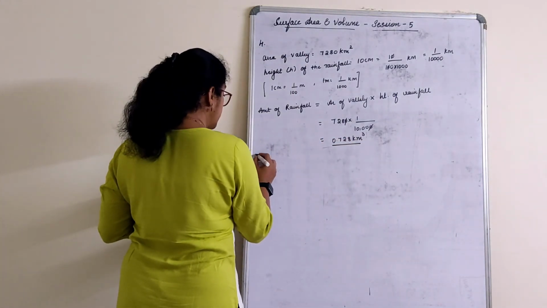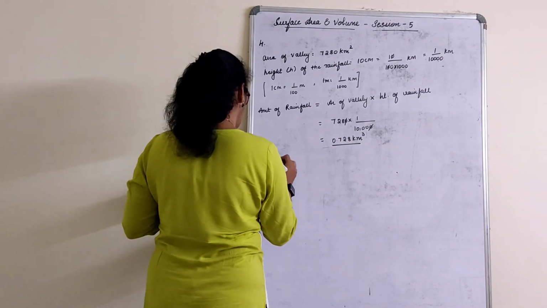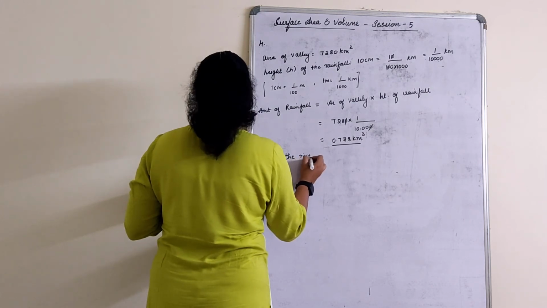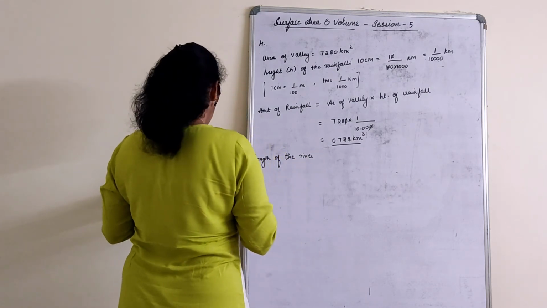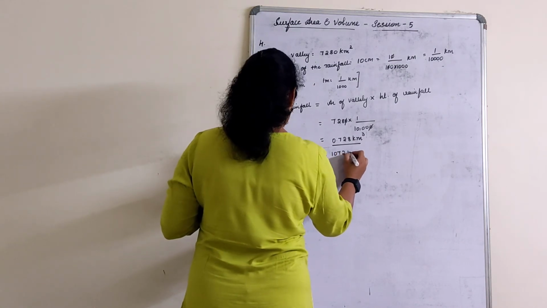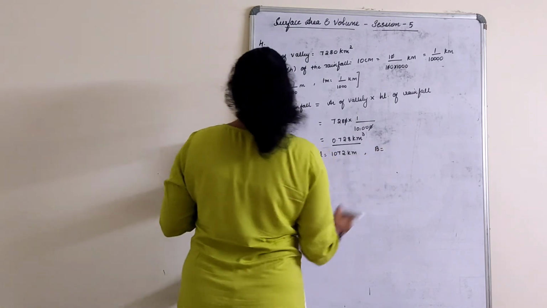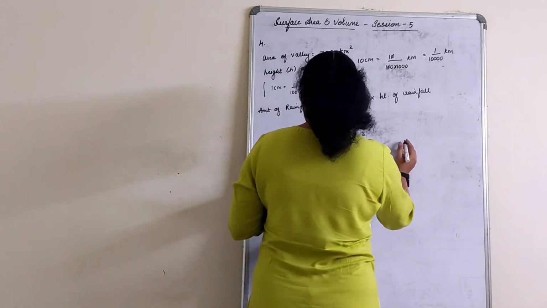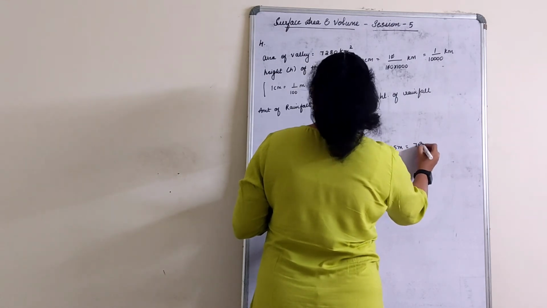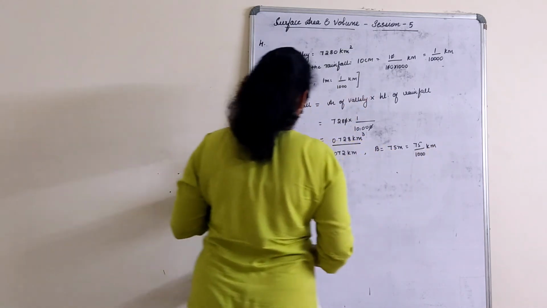Next part. Length of the river. Is it given? Yes. Length of the river is given as 1072 kilometer. Then breadth of the river is given as how much? It is given as 75 meter, which is 75 by 1000 kilometer. Convert that in terms of kilometer.